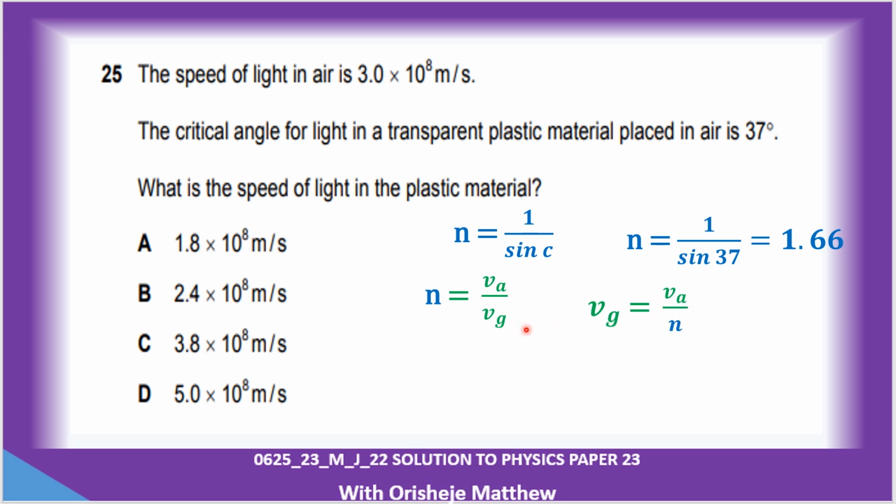Since we are looking for the speed of light in the plastic, we make it subject of the formula. So you divide the speed of light in air by the refractive index. So that will give me 300 million divided by 1.66. That will give me 1.6 times 10 to the power 8 meters per second. So what is the answer? A.